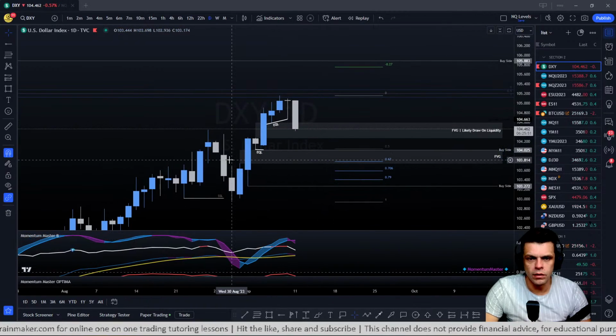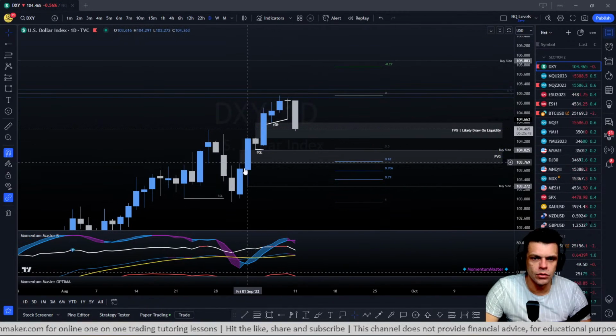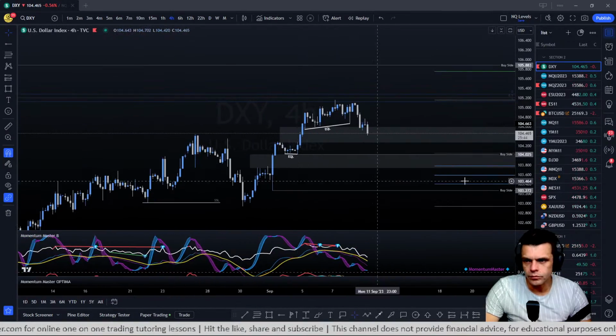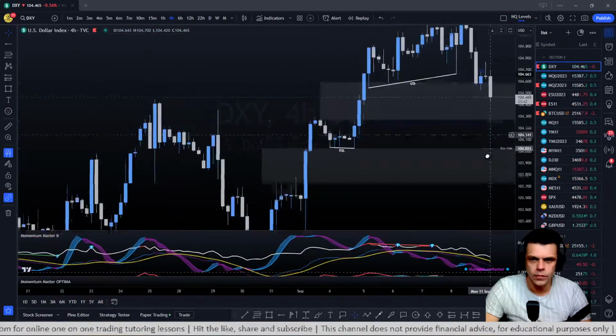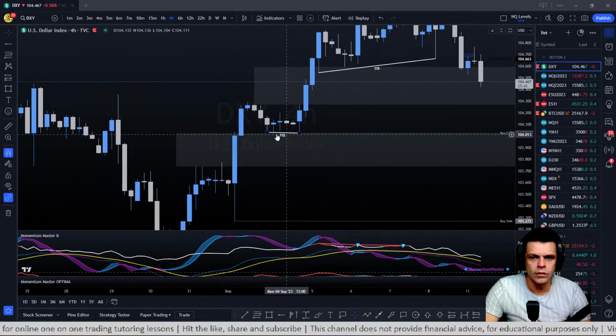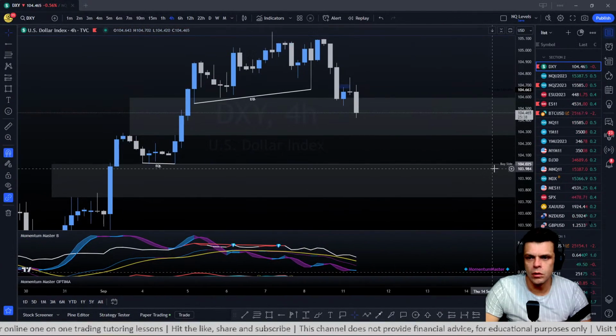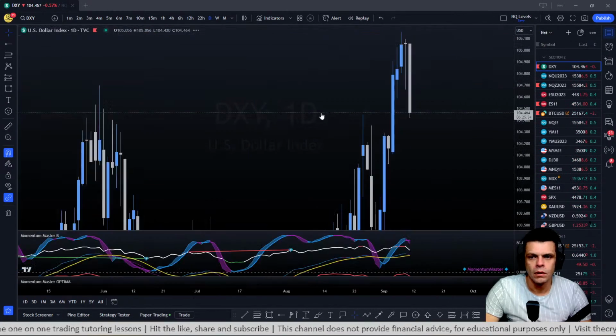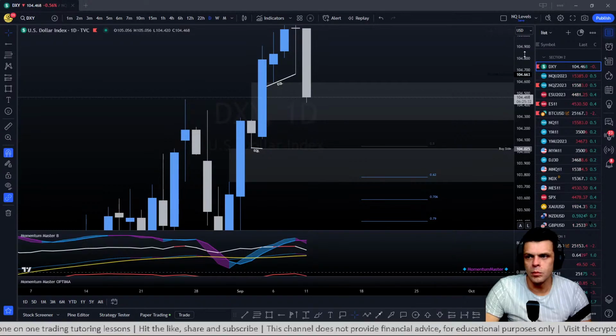And then we also have this fair value gap in between these three candles. And I believe on the 4 hour, we also have these relative equal lows. So this is our buy side liquidity. So they already came for this pool, came into the fair value gap.